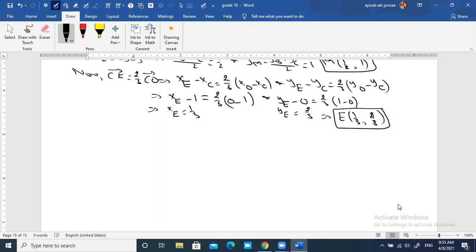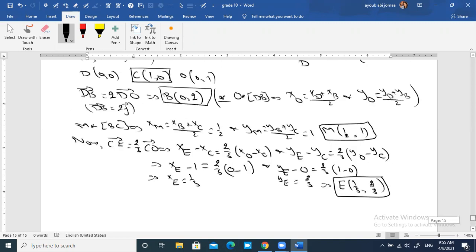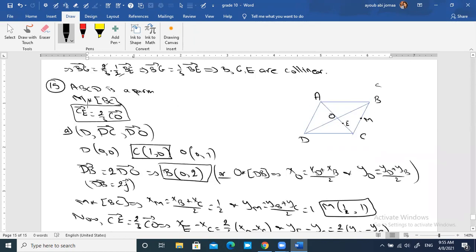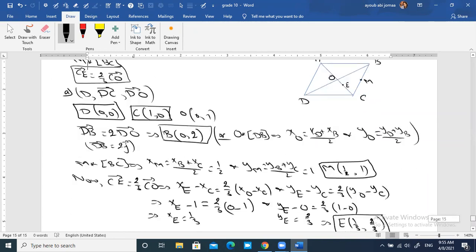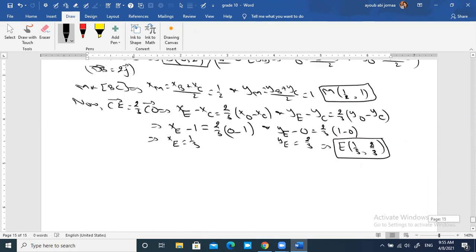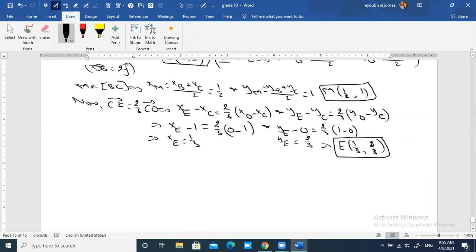It depends on the system you took. Okay. Now you have the coordinates of D, E, and M. No need to find the coordinates of A. Then D, E, and M: D is 0, 0. M is 1/2, 1. And E is 1/3, 2/3. Let's write them here so they appear in front of us.